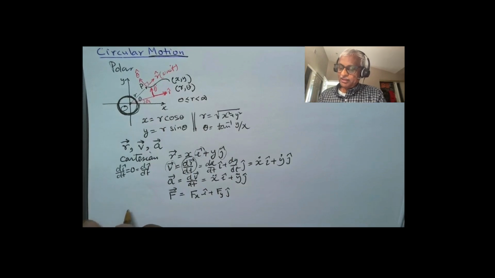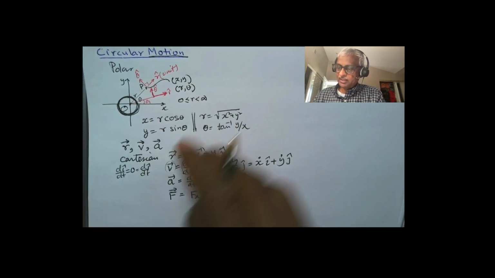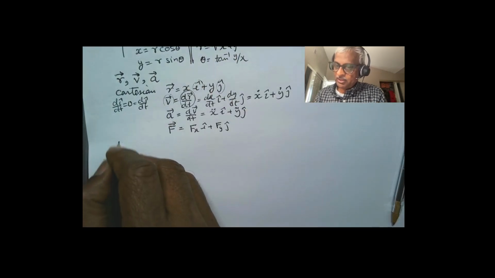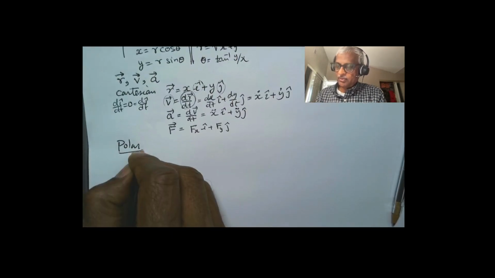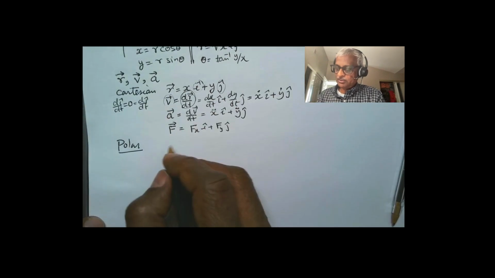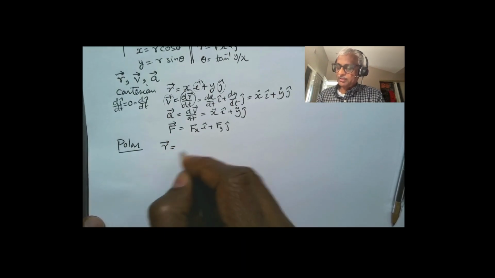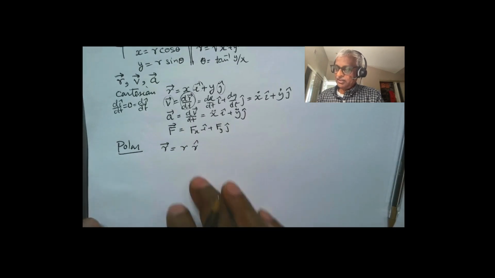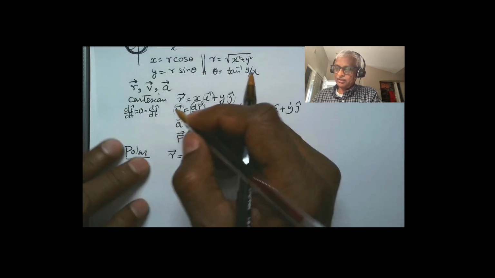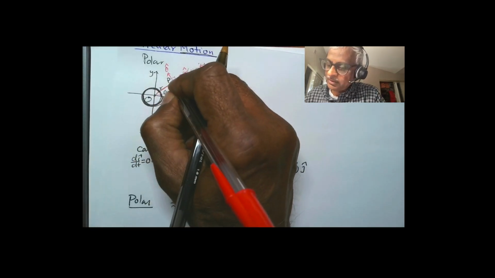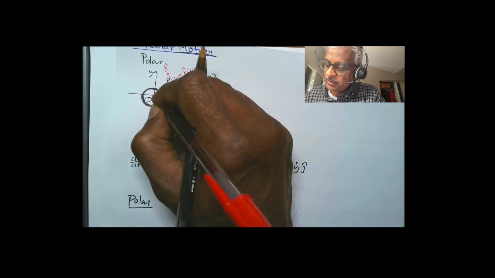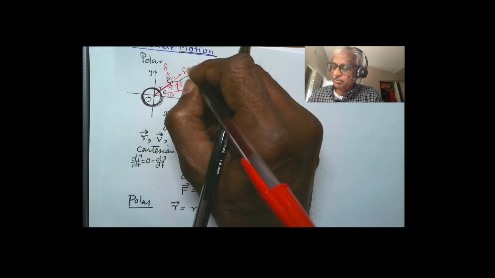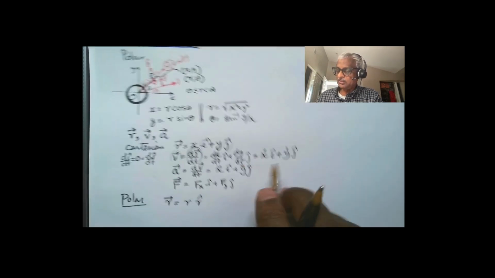In polar coordinates, the position vector r will be just r times r hat. Why? Because this is the r vector from here to here, and it's the magnitude times the unit vector that captures the direction.